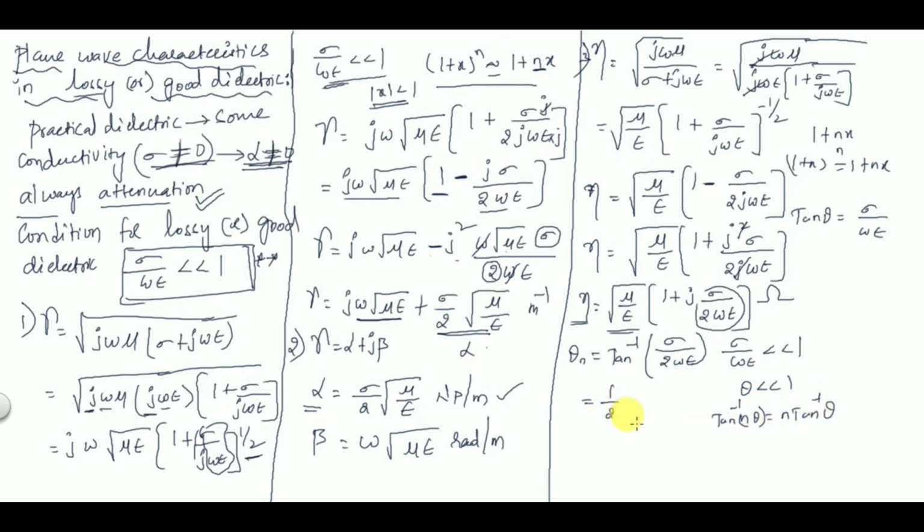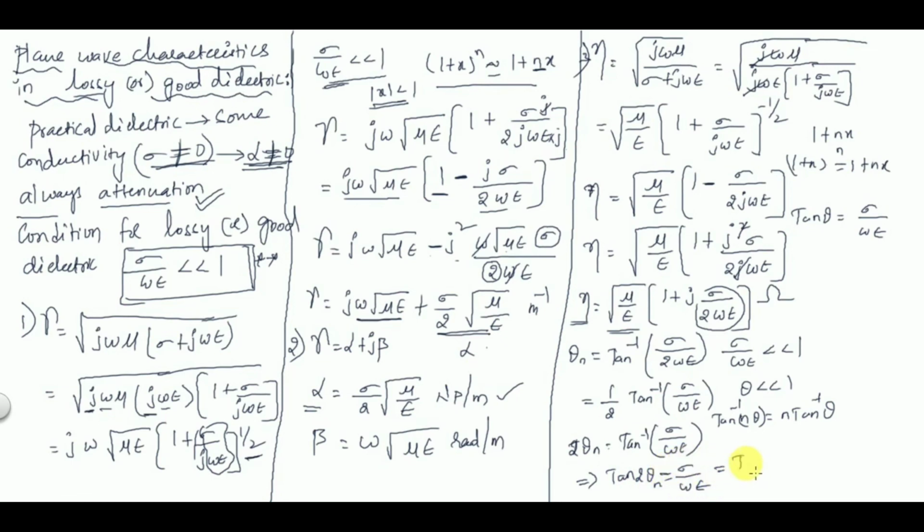So this can be written as 1 by 2 into tan inverse of sigma by omega epsilon. So 2 theta n is equal to tan inverse of sigma by omega epsilon, so tan 2 theta n is equal to sigma by omega epsilon.